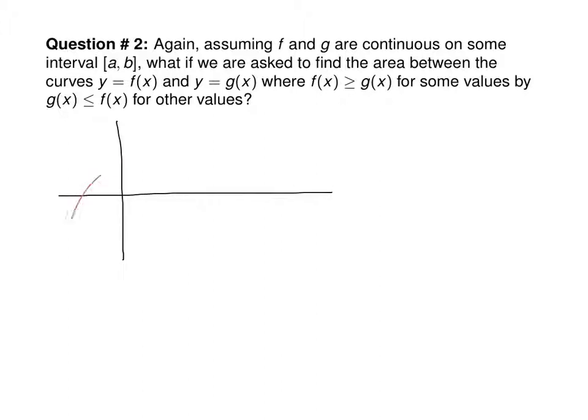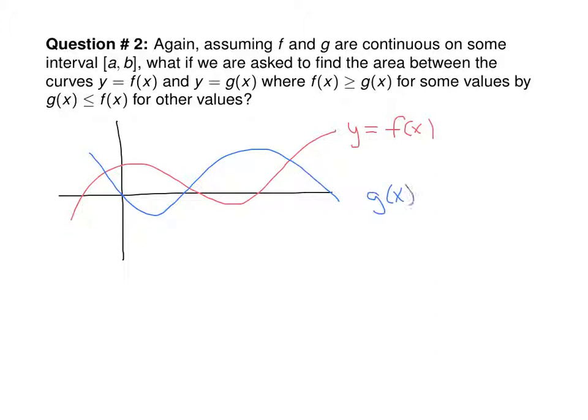So here I have f of x, and here I have g of x, and I'd like to find the area between x equals a and x equals b. And let's call this little intersection point in the middle C. It's going to be useful later.